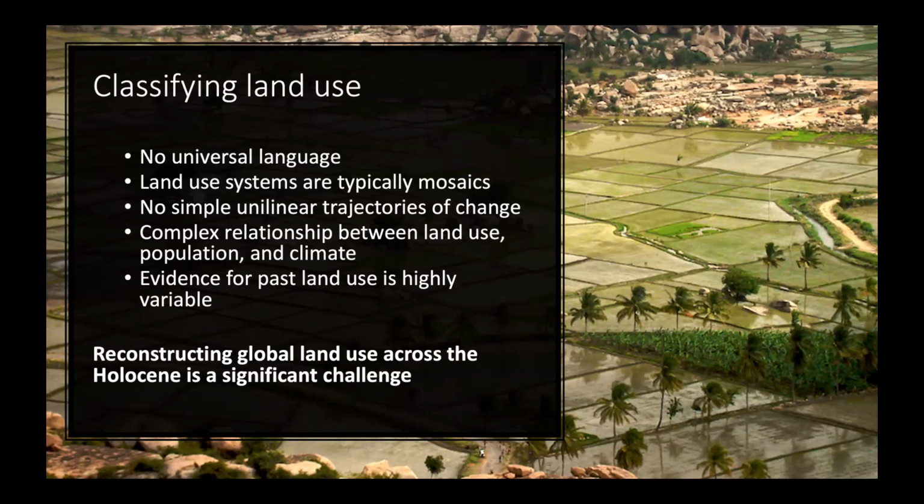There's no gray area here. We have complex relationships between land use, population change, and climate that are also not unidirectional. And our evidence for past land use is highly variable. It's really incredible to see the differences in density of published archaeological data, both within time periods and between regions.